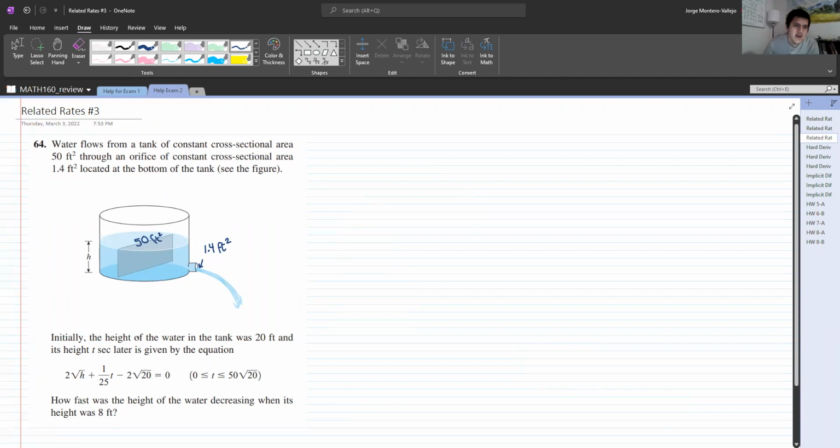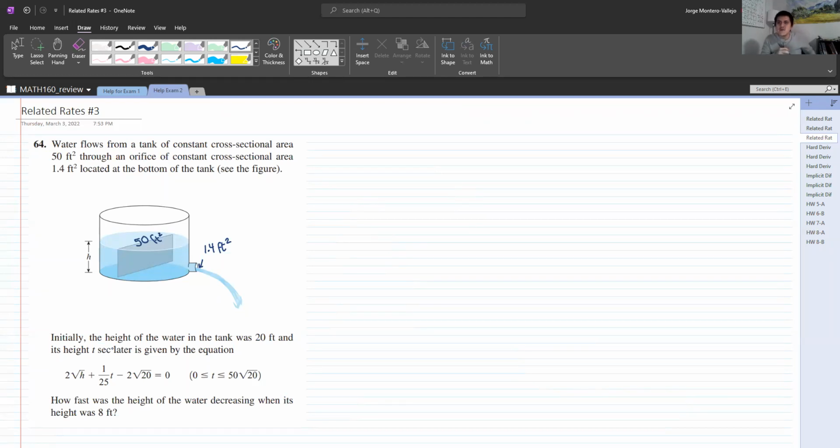Initially, the height of the water in the tank was 20 feet. Okay, so the height of that water in the tank is 20 feet initially. So at the beginning of time, right, when t is equal to 0. And its height t seconds later is given by this equation over here. Okay, so you would think, oh, the height is going to change with time, so h is a function of time, and you would think that maybe you should have an h of t expression, right?